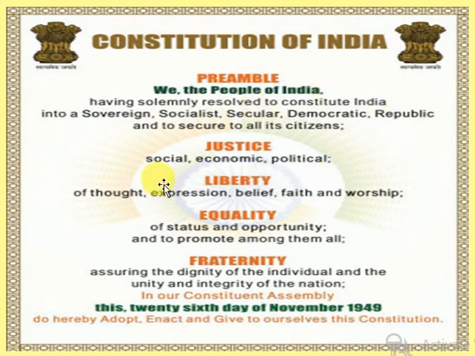For example, I'll be putting in front of you again the Constitution of India. Here is the preamble. We, the people of India, having solemnly resolved to constitute India into a sovereign, socialist, secular, democratic republic, and to secure to all its citizens justice, social, economic, and political; liberty of thought, expression, belief, faith, and worship; equality of status and opportunity; and to promote among them all fraternity, assuring the dignity of the individual and the unity and integrity of the nation.